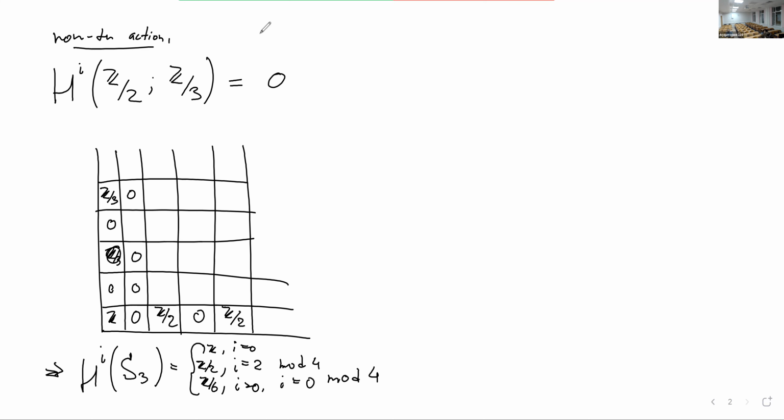Then the product lives in the quotient group of Z/3 tensor Z/2, but Z/3 tensor Z/2 is 0. So the product is automatically 0, again for stupid reasons.